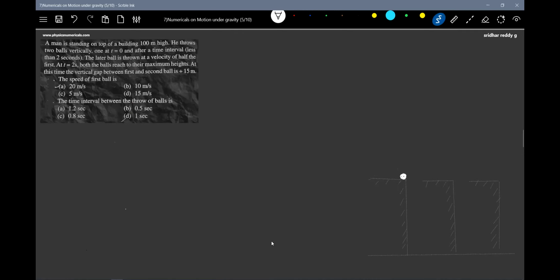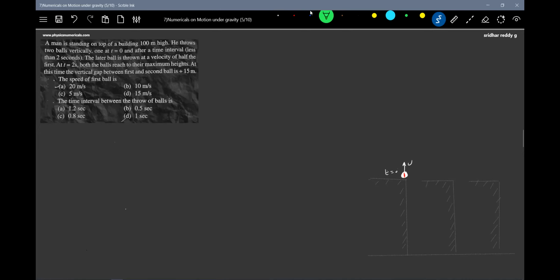We'll give different colors. So the first ball, which I'm going to throw with a speed u. Ball 1 is this one, at t equal to 0. Then the second ball I'm going to throw, this is ball 2.